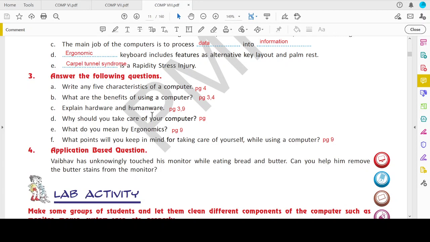The human user is using a table, a chair, the palm rest, the keyboard, a particular height of the monitor. All this will make the human user either comfortable or uncomfortable. If they are maintaining certain standards, then they will be able to work comfortably. So what is humanware?